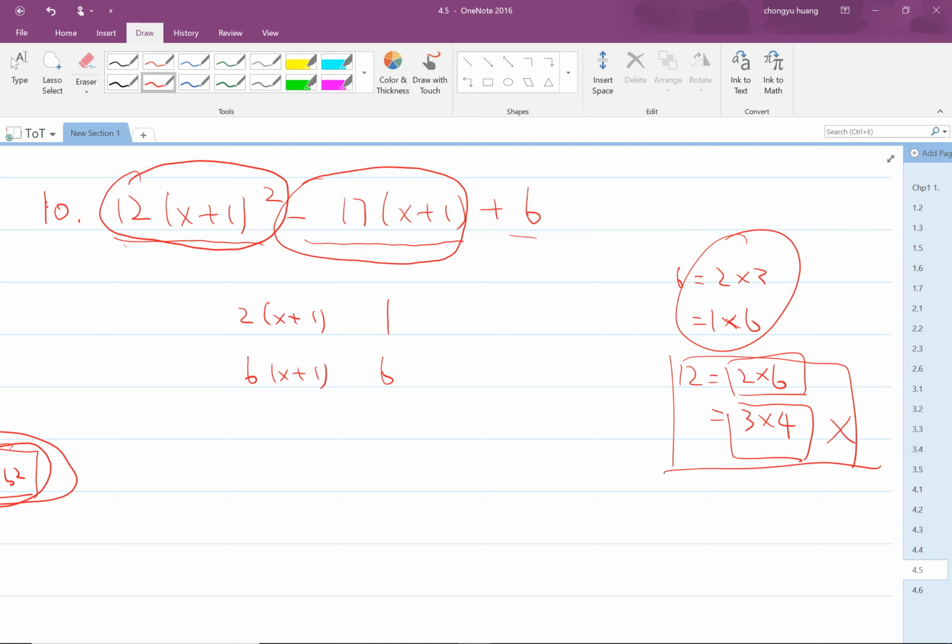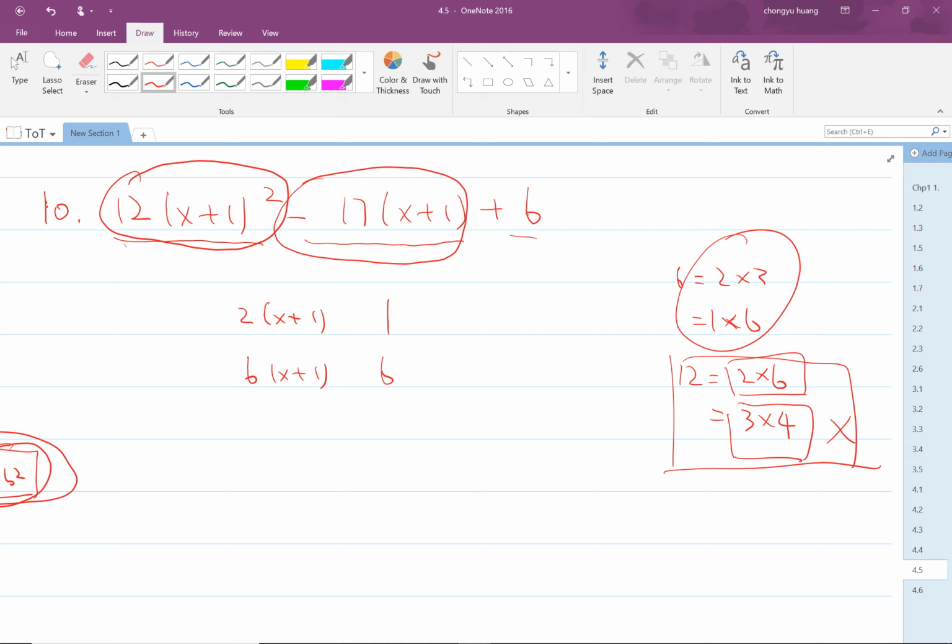And for 6, we can choose 3 and 4, and 6 is basically 2 multiplied by 3 and 1 multiplied by 6. That's all the combinations we can have.